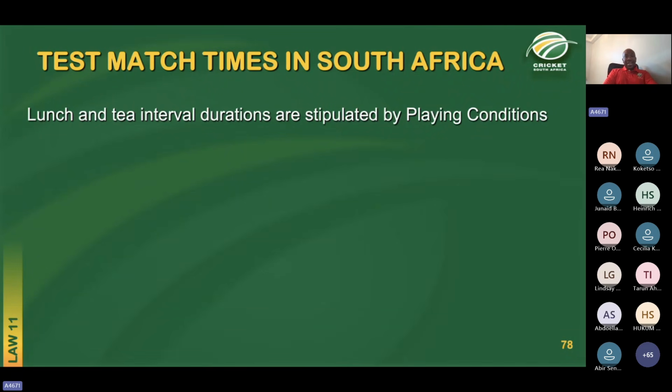They are specified in the International Cricket Council playing conditions, that they will be 40 minutes for a lunch break and 20 minutes for a tea interval. And then the home association, South Africa in this example, will stipulate the playing times.